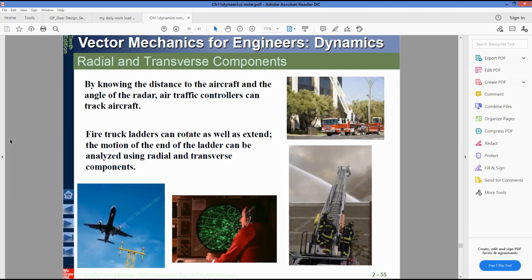And in this truck, you can see the fire truck ladder can rotate as well as extend. It can move along a circular motion as well as extend, right? So the motion of the end of the ladder can be analyzed using the radial and transverse components. This is another coordinate system.